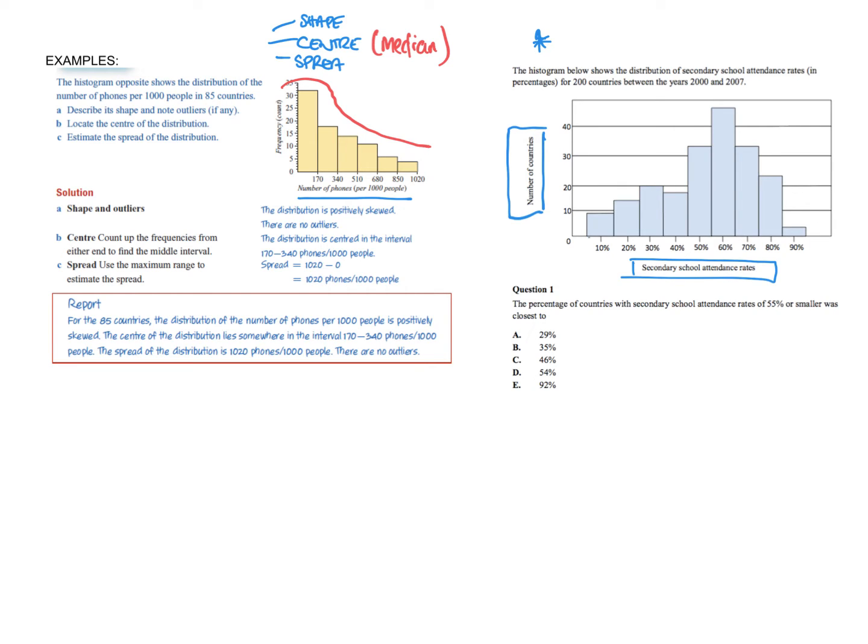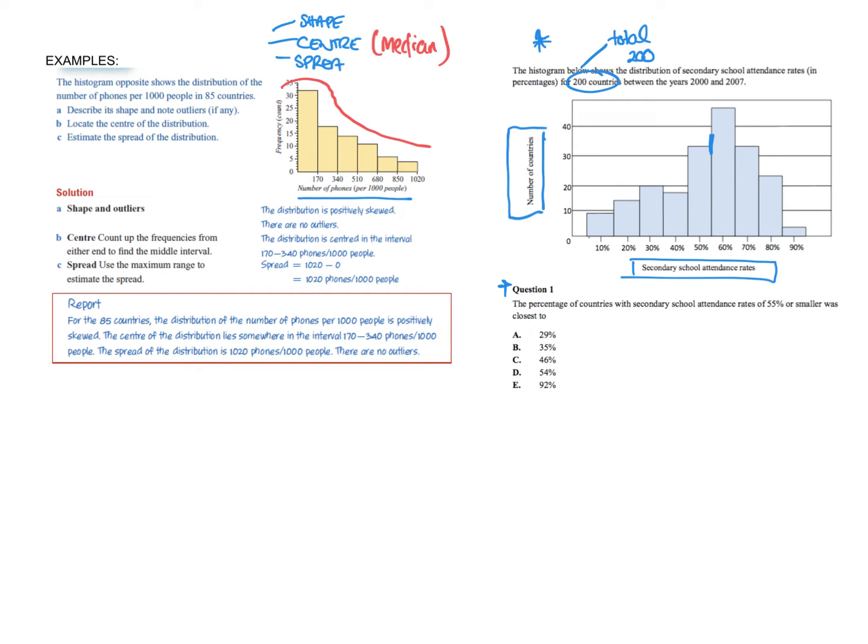So this question one: the percentage of countries with secondary school rates of 55% or smaller. 55 is up here, and this is the number of countries. In total there were 200 countries.